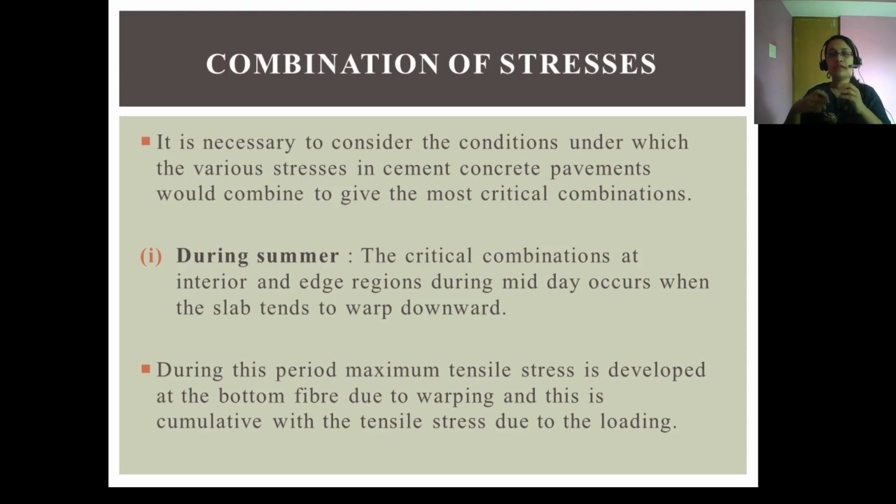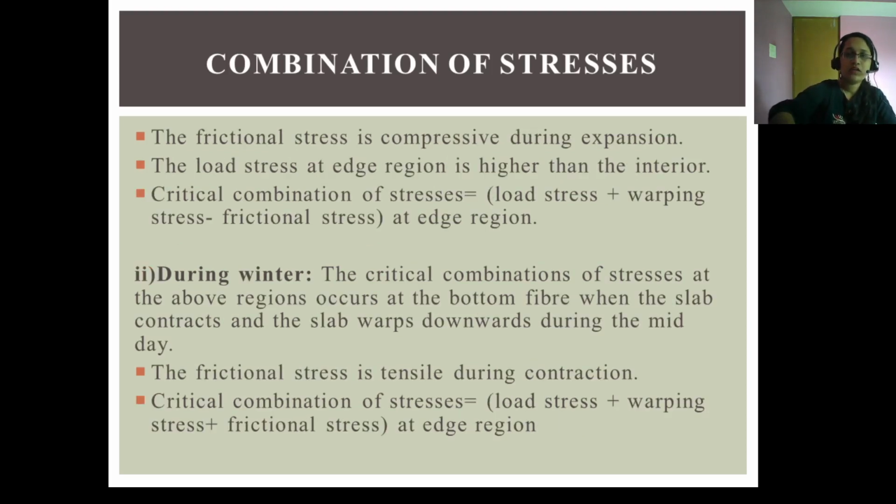During this period, the maximum tensile stress is developed at the bottom fiber due to warping, and this is cumulative with the tensile stress due to the loading. Next, the frictional stress is compressive during expansion. The load stress at the edge region is higher than the interior. So the critical combination of the stresses will be given as load stress plus the warping stress minus the frictional stress at the edge region.